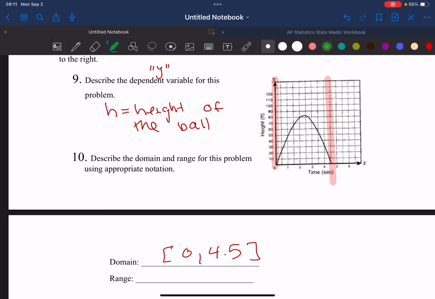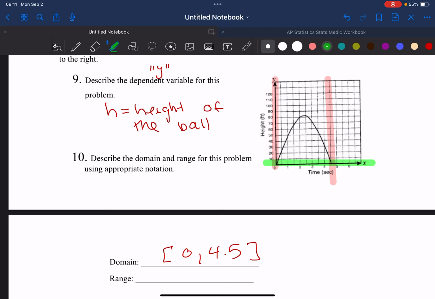Okay. Next one, it wants us to look at the range. So when we have not thrown the ball, our minimum value is 0. The ball has not left your hand, so it is at 0 height. Then we look at the maximum.